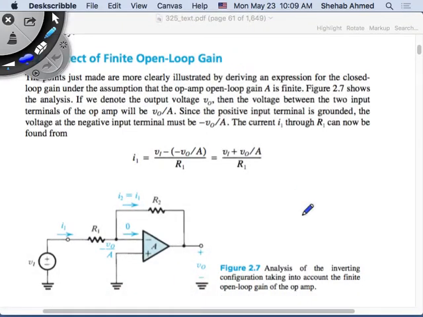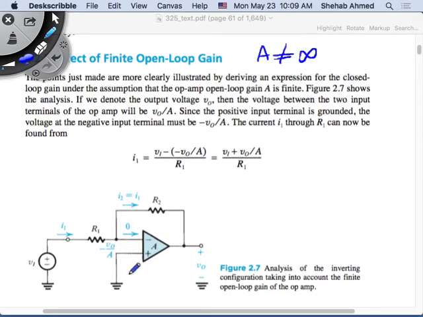So I can now choose R2 over R1 to be equal to 2, 3, 4, whatever I want. That's all nice, but of course in reality this op-amp has a finite gain. It's not infinite open loop gain. So A is not really infinite, it has some value.